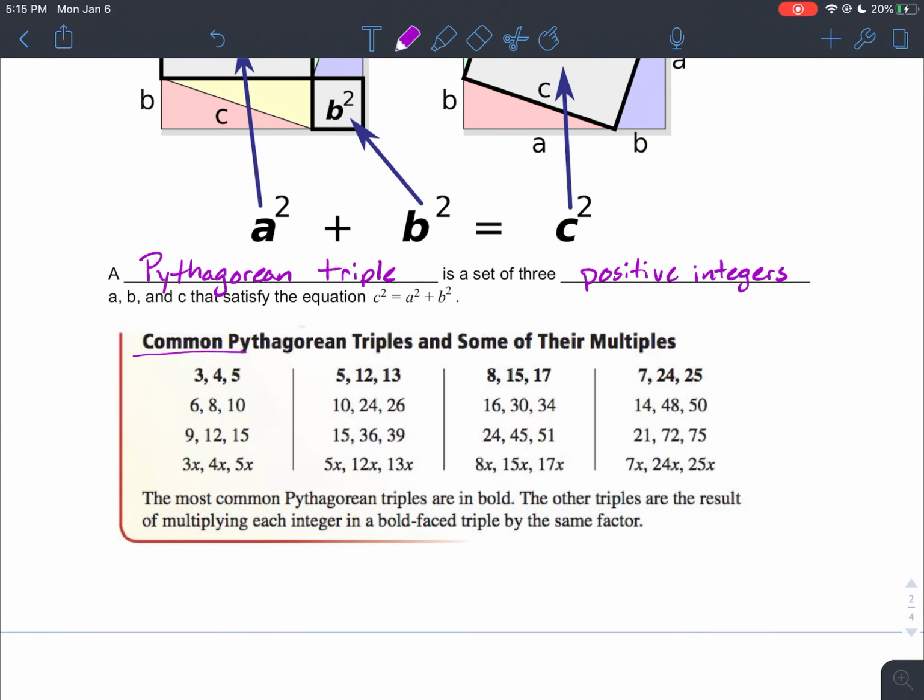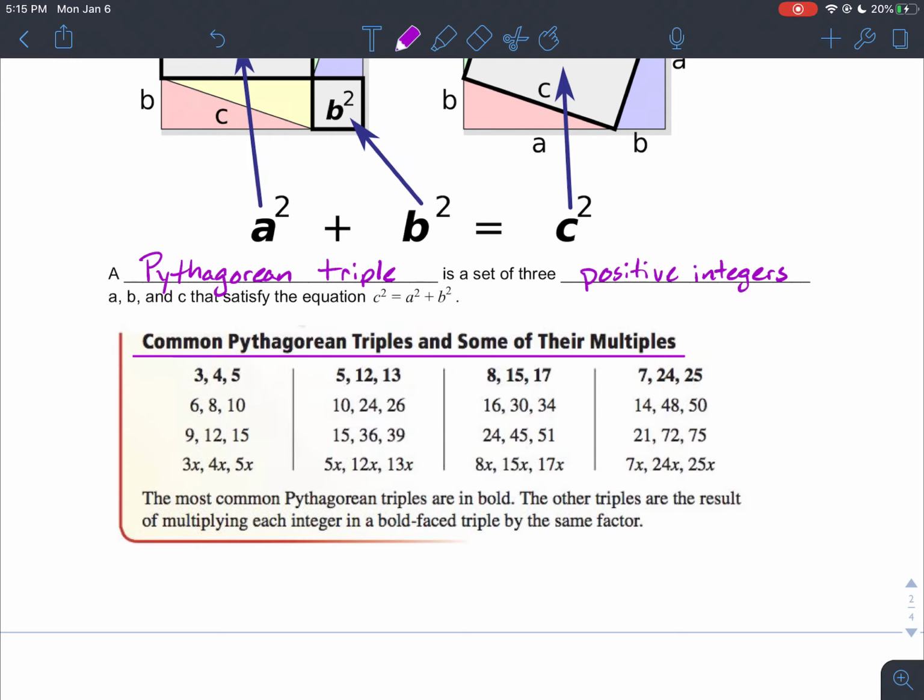And this here, the common Pythagorean triples and some of their multiples, these are just the most common ones that you will see. More exist, but these are some of the smaller numbers that you'll see fairly often, especially like the 3, 4, 5, 5, 12, 13, 8, 6, 8, 10.